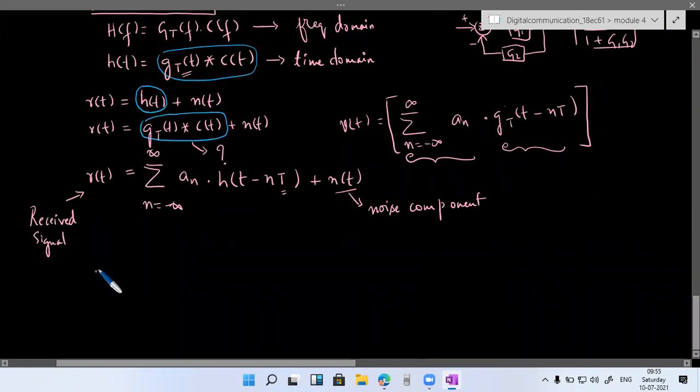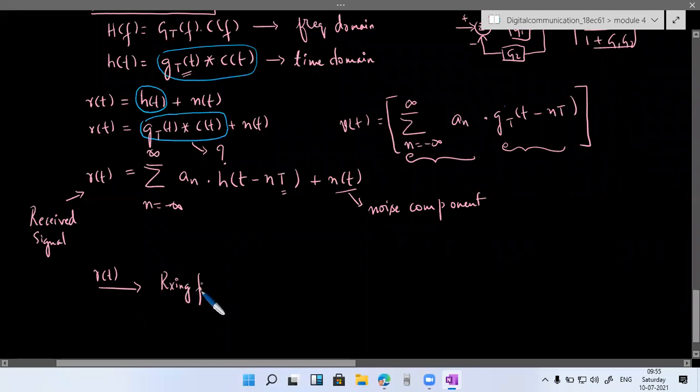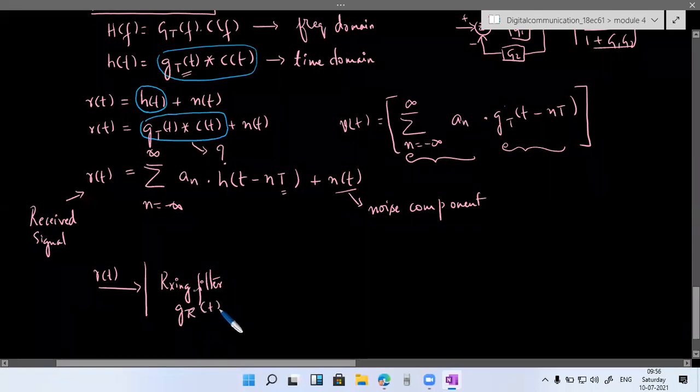So let me rewrite the same block diagram where r of t will be made to go through this receiving filter. And this receiving filter is associated with impulse response g_r. Subscript should be r instead of t. Only thing is I'm trying to write it in the time domain.